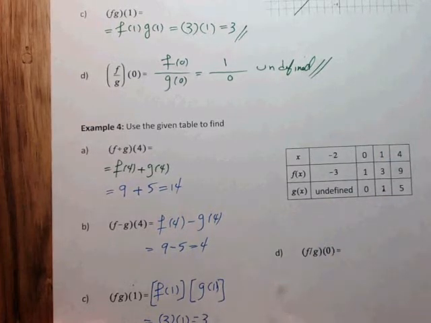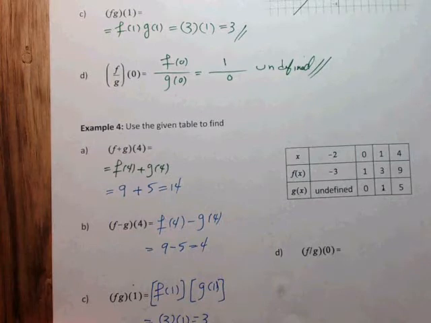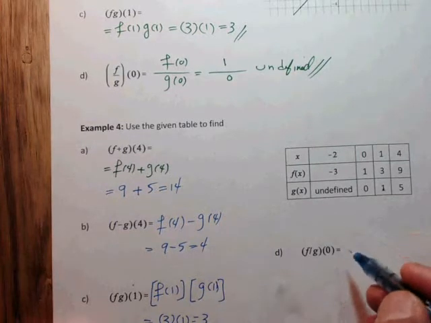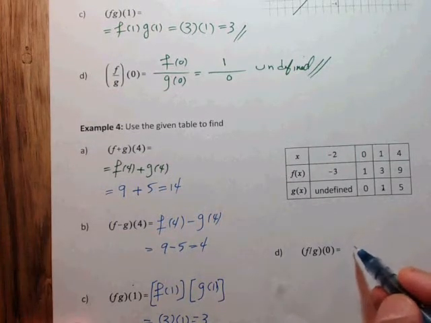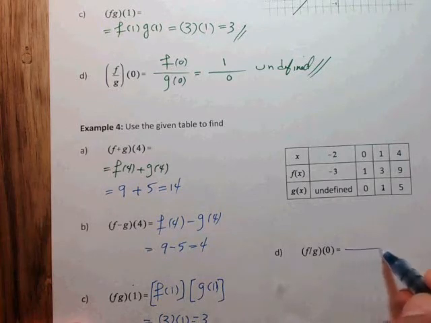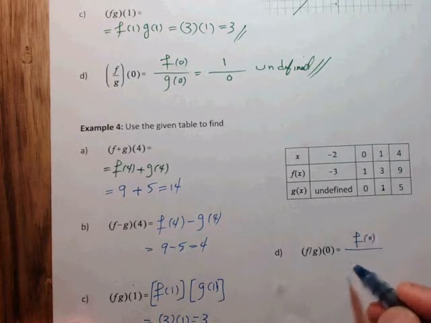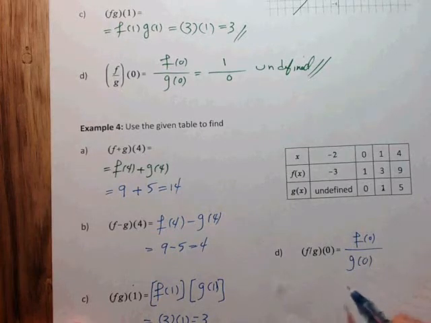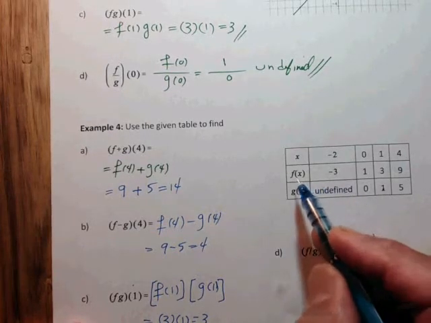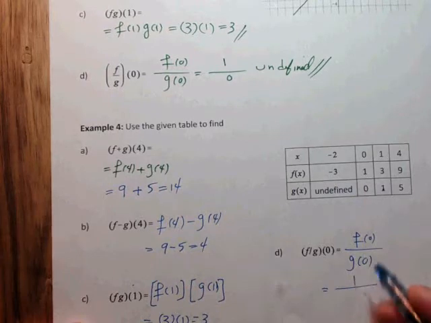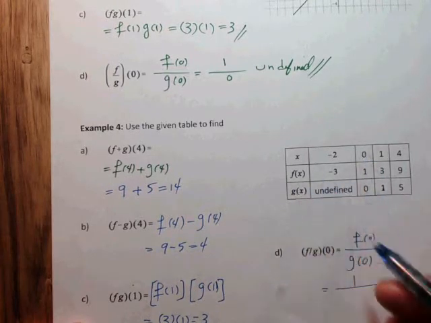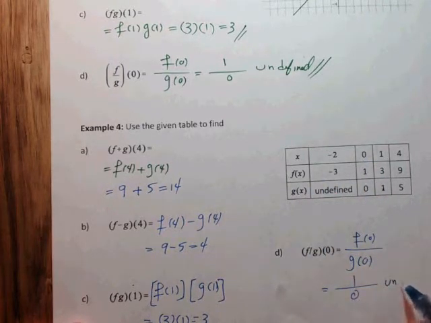So you get 3. F over g, so f of 0 divided by g of 0. F at 0 is 1, g at 0 is 0, this is undefined.